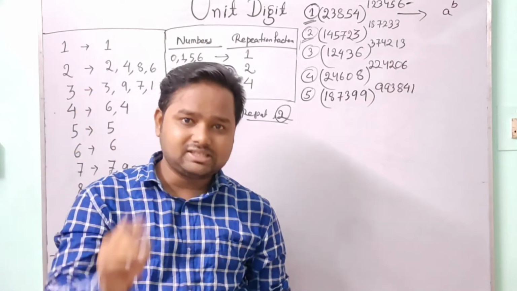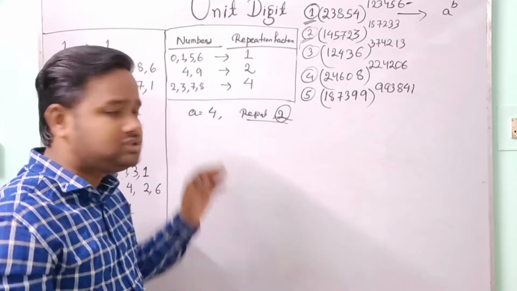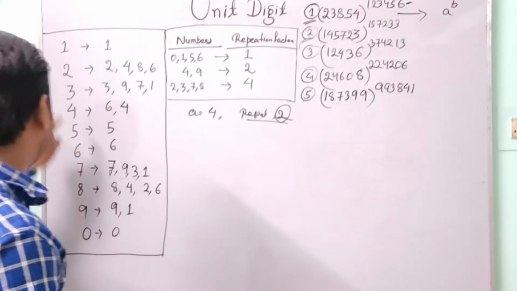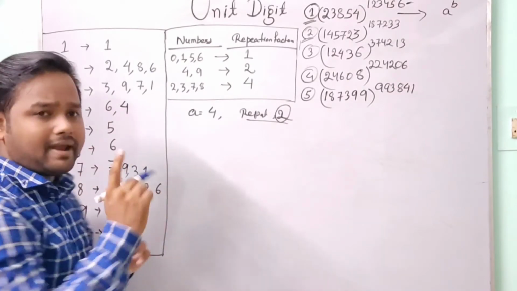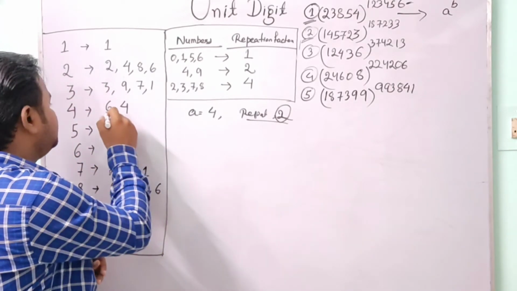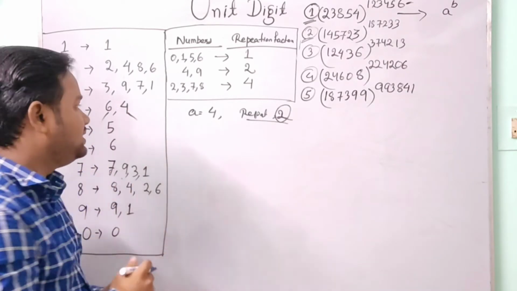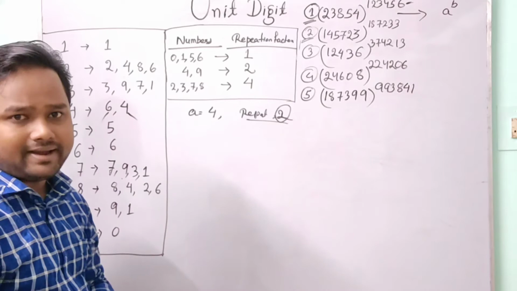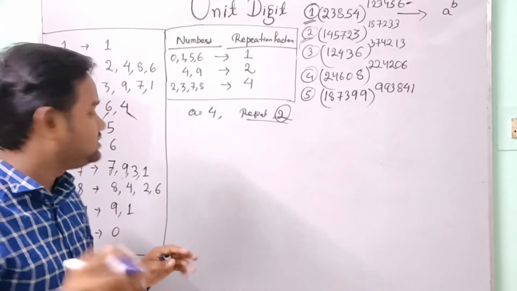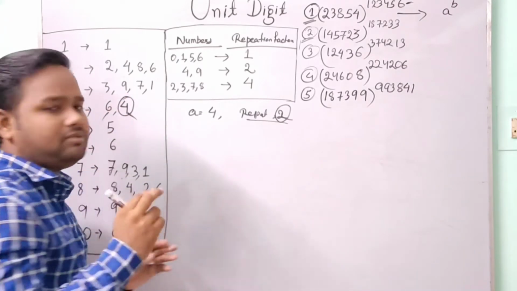If the remainder is 0, then we take the last number, that means 4. If the remainder was 1, then we have to take 6. Since there is no remainder, the answer is 4.